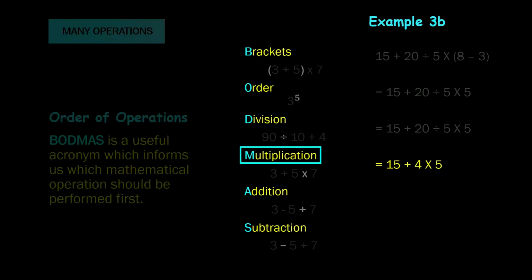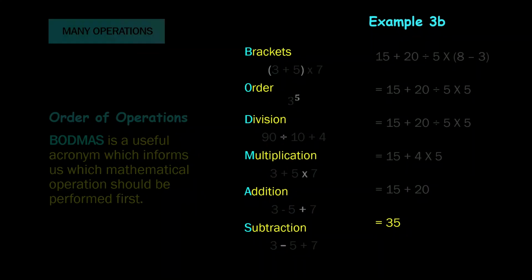Now let's see if there are any multiplications. There is a multiplication, namely 4 times 5. This equals 20. We substitute 20 in place of 4 times 5. And we move on to the next operation, namely addition. The addition is highlighted as shown, and this equals 35.